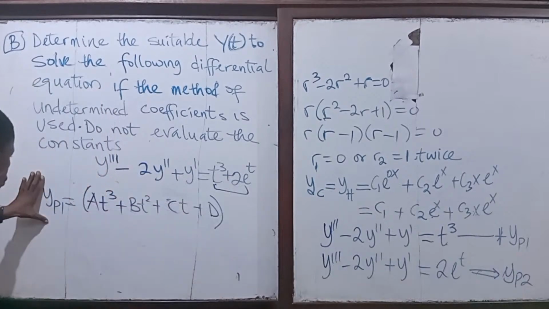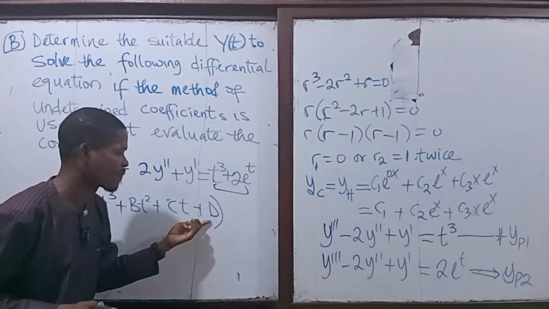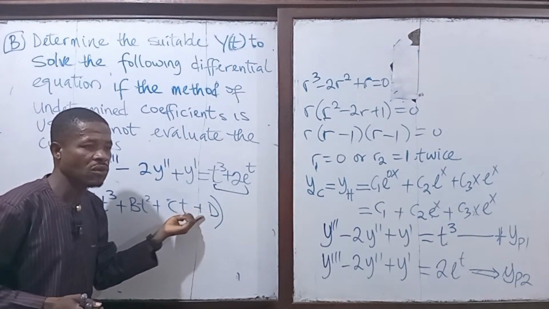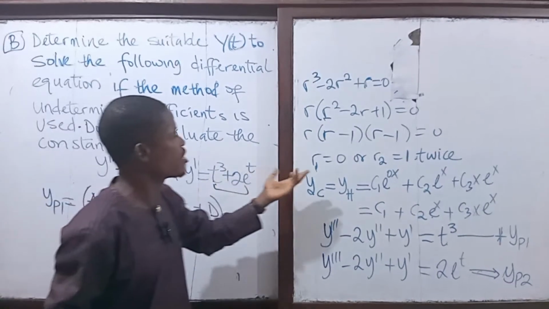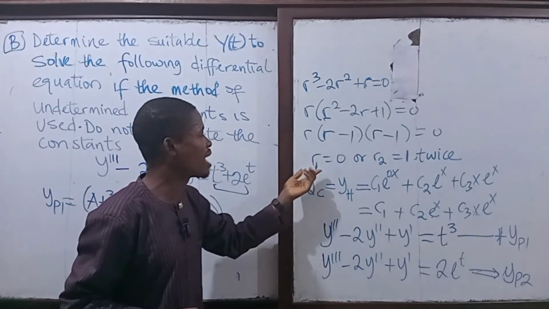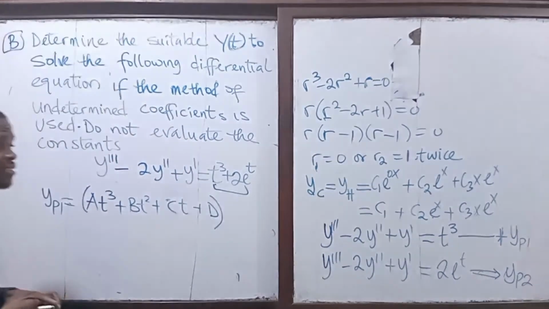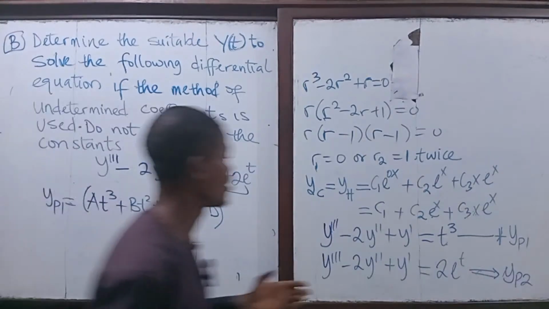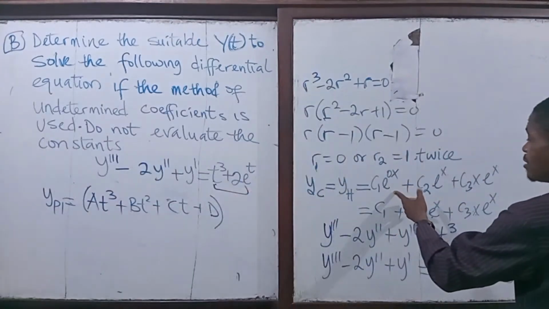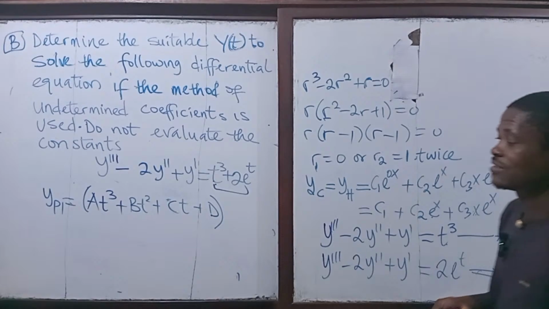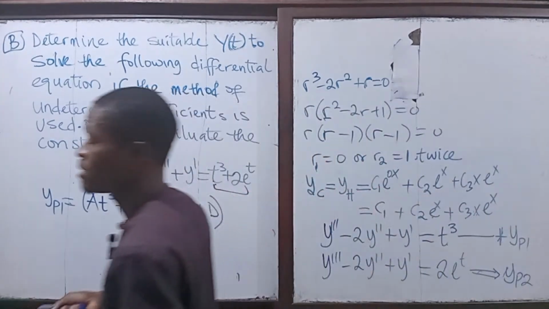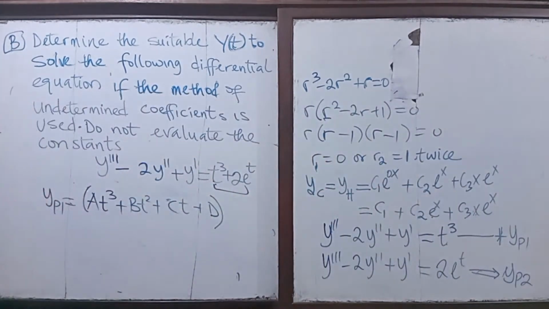If you check yp1, there's a constant there. And also in the auxiliary equation, we have r1 equal to 0, which is also a constant. By the time we do it, it's giving us 1. It's a constant.